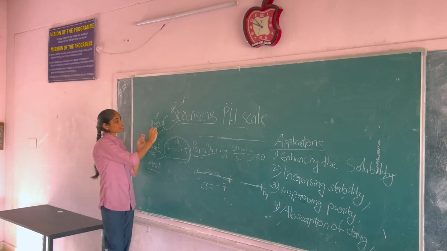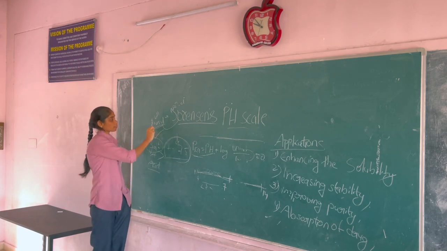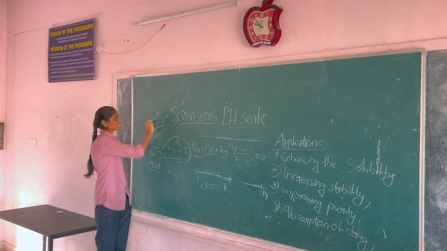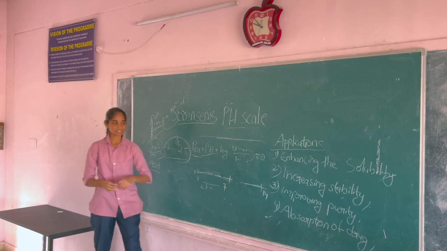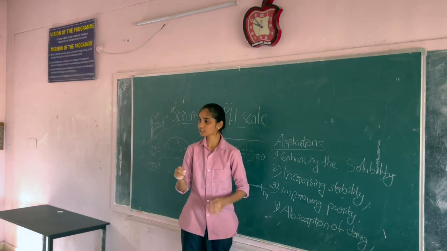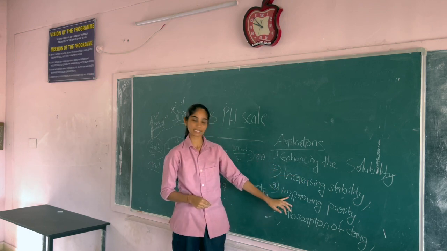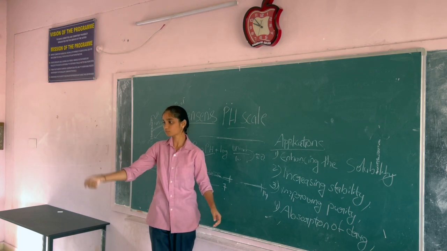If we maintain the optimum pH of the drug, it will increase the absorption of the drug. So pH can not only increase solubility, increase stability and improve purity, it can also make the drug absorb more.